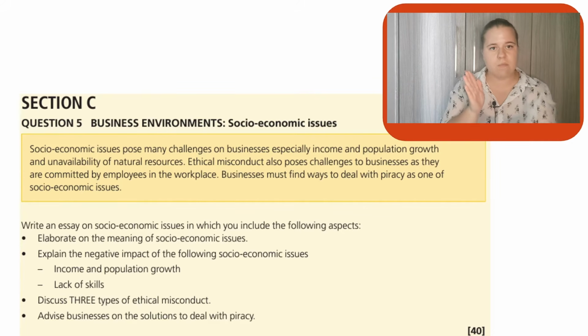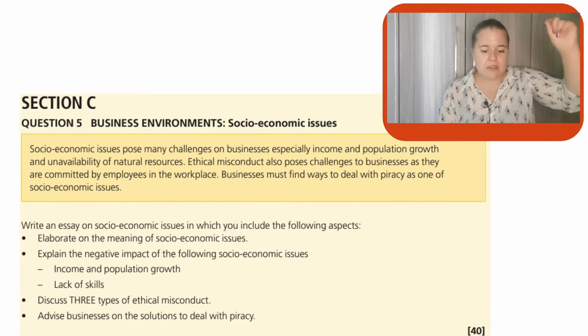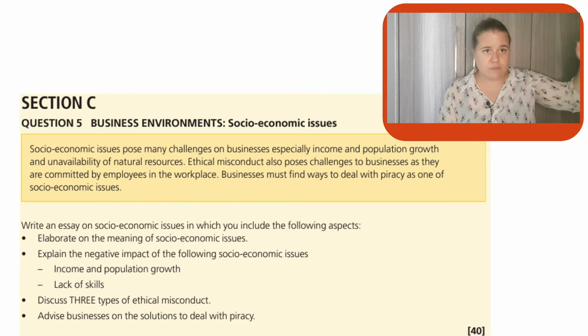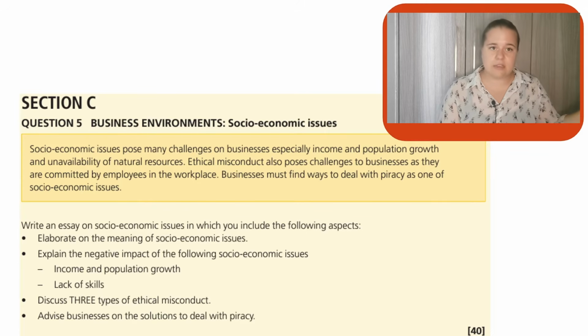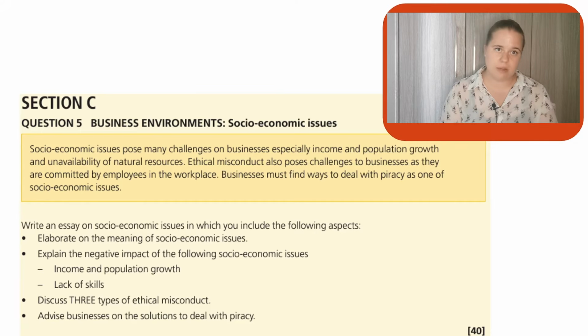Then you can write income with its description and lack of skills with its description. You can use these headings as is. You can write there the meaning of socioeconomic issues as your first heading, explanation, negative impact, so and so, next one, 3 types of ethical misconduct, and then solutions to deal with piracy. Those will be your 4 headings.